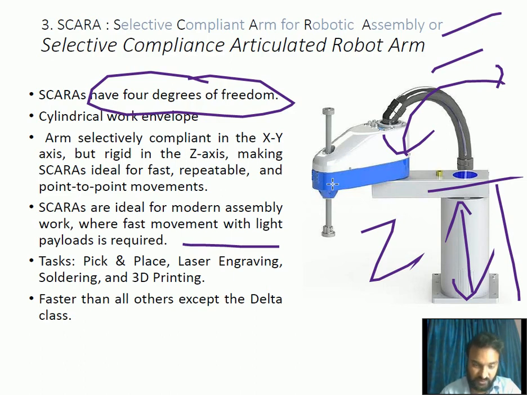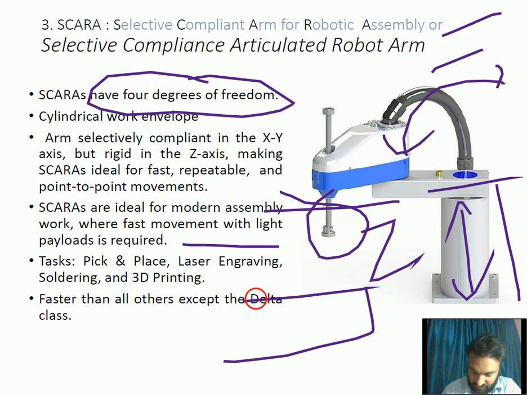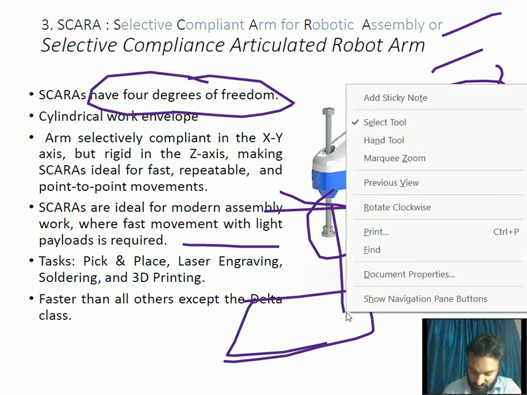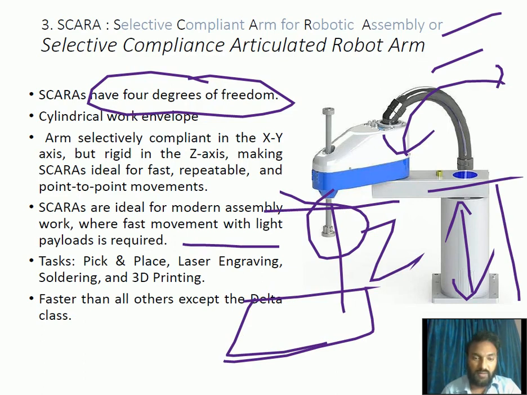This one is particularly useful in picking and placing parts, and laser engraving, because as you know we can attach a laser tool here, in place of this. And the height is fixed, so on the table the part is moving and the laser can engrave. Again it can be used for soldering and 3D printing also.